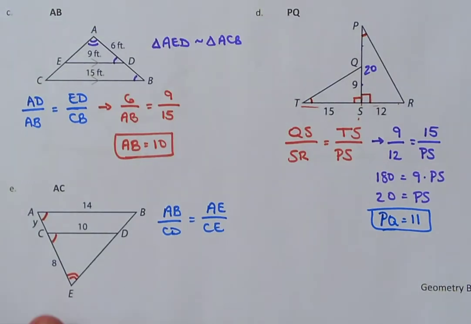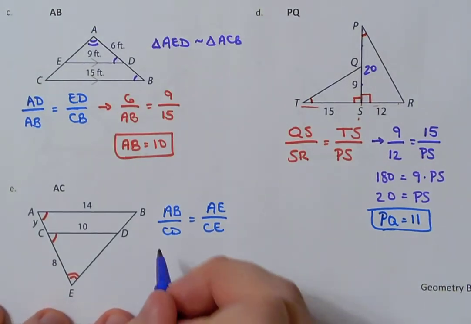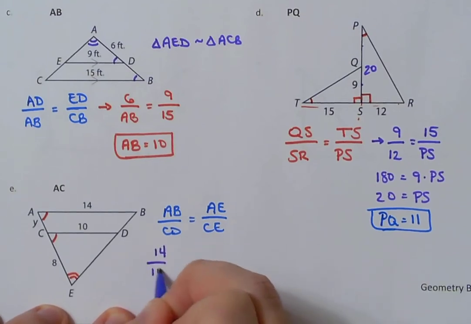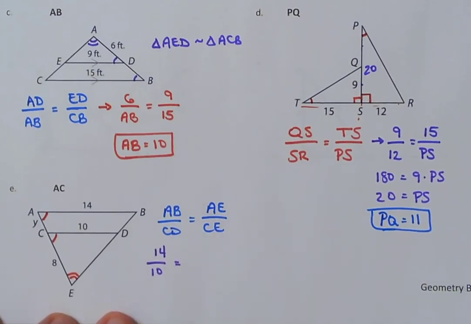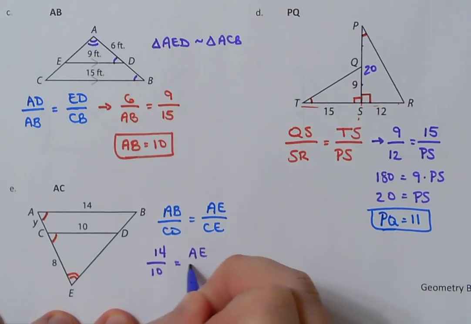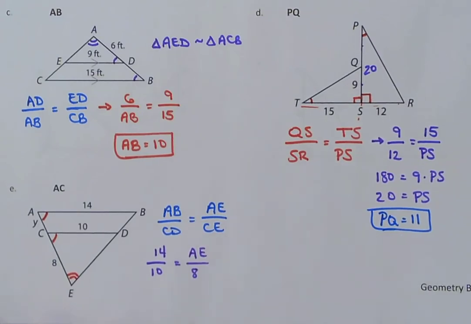So if we go through and plug all of this in, AB is 14, CD is 10, then we need to figure out what AE equals, and then we know that CE equals 8. So if we do 14 times 8, we end up with 112.